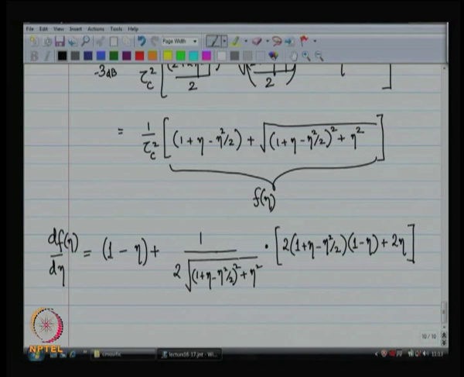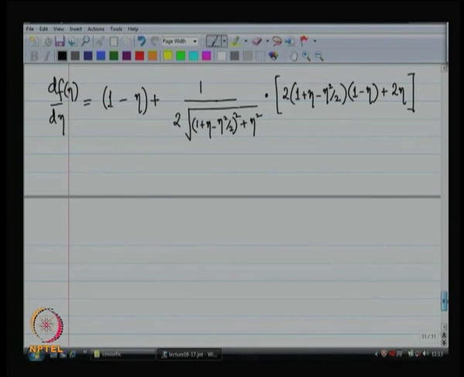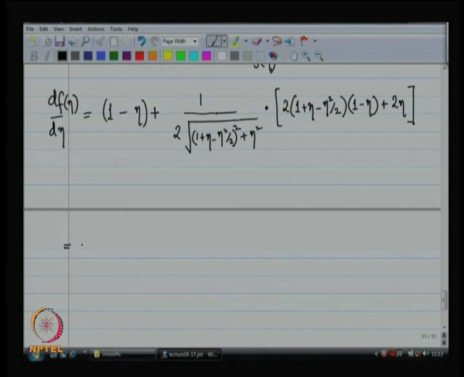Okay. So, this is the derivative, and let me simplify this a little bit because it is quite unwieldy.